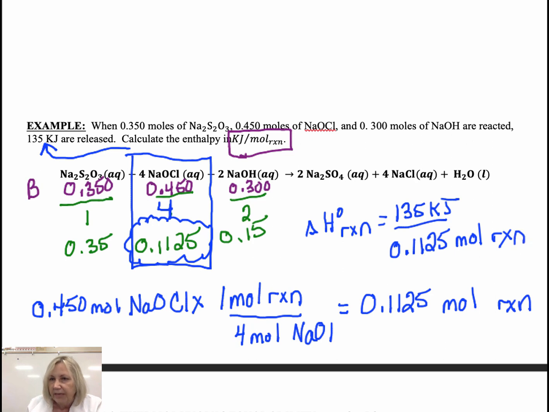And let me double check my math. I feel pretty good about this one, but we always want to double check. I got 1.20 times 10 to the 3rd kilojoules per mole of reaction.